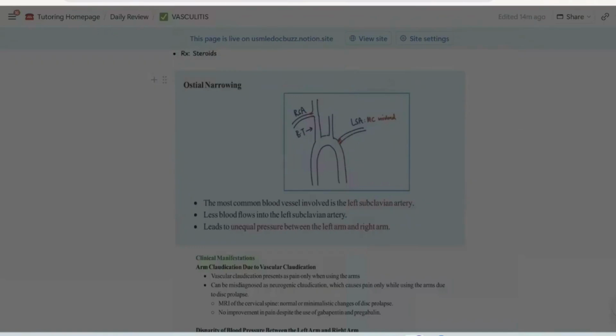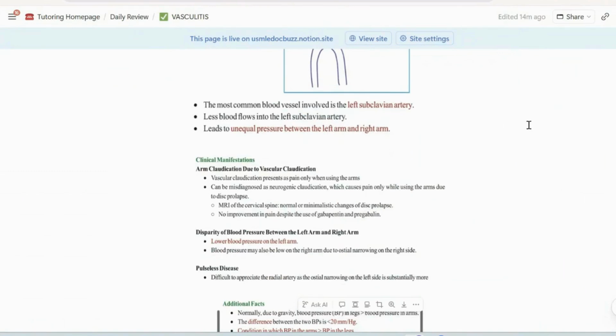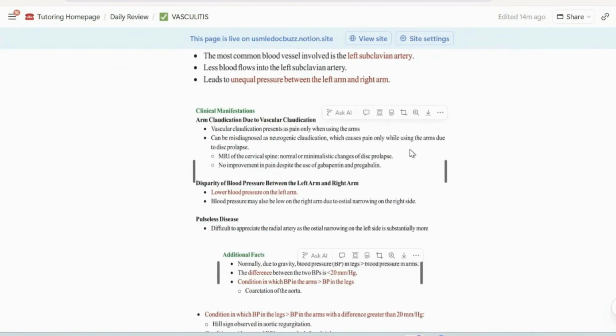Now, another diagram to help you: most commonly involved is the left subclavian, and what you end up seeing is a discrepancy in blood pressure within the two arms. So the right arm is going to show a different blood pressure, and the left arm will probably show a lower blood pressure because of less blood flowing through it, okay?